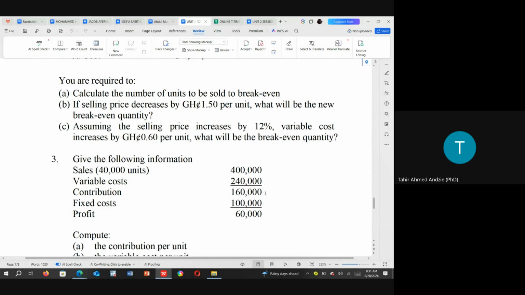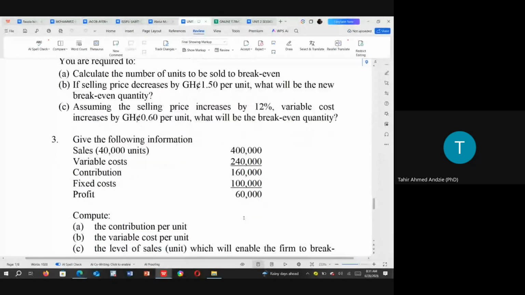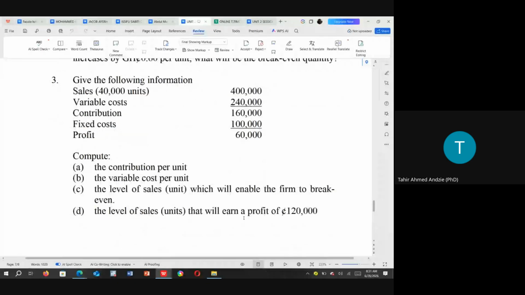So we have target profit in units equal to fixed cost plus the target profit divided by contribution per unit. And so the fixed cost here is 100,000, and then the variable cost is 22,000.